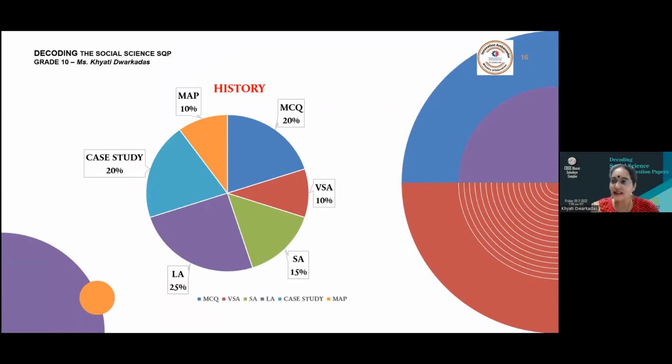When we were analyzing the sample question paper of social sciences, this is what we find. History has a weightage of 20% MCQ, 10% very short answers, 15% short answers, 25% long answers, 20% case study questions, and 10% map work.